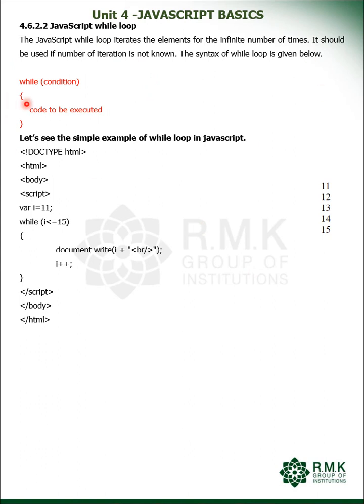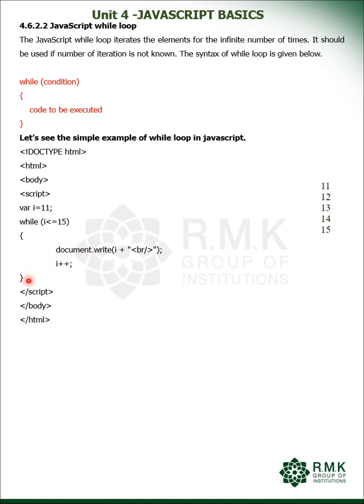Next is the while loop. The JavaScript while loop iterates the elements an indefinite number of times. It should be used if the number of iterations is not known. So while condition, then the code can be executed. Initially i value is equal to 11, and this particular code must be executed till it becomes 15. First it starts with 11.